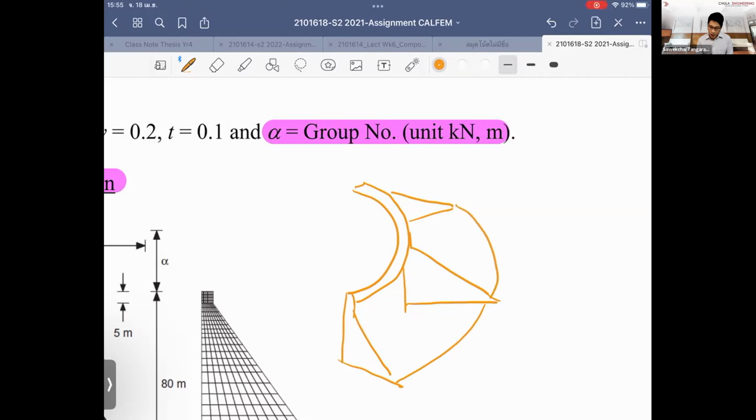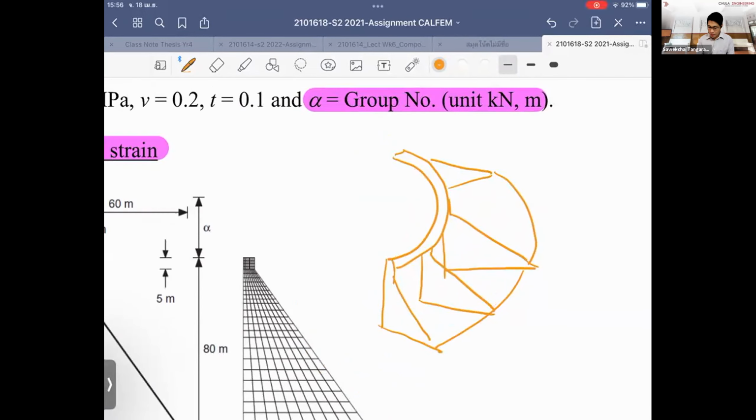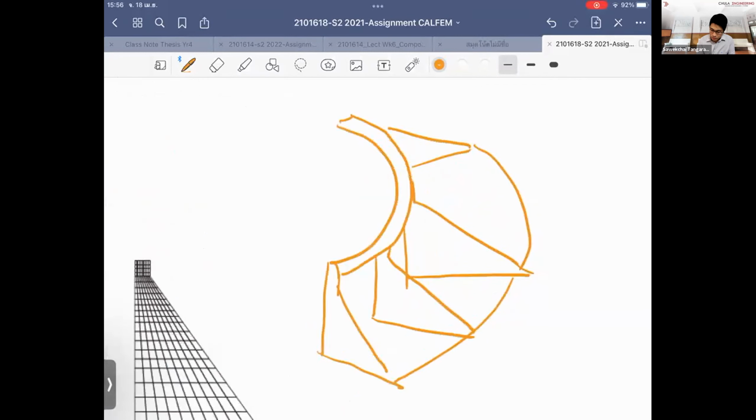Right. So you have, this is the concrete dam. So what I try to draw here, I try to draw each of the cuts so that we can have a slice of the dam. Right. So what has happened, we have, this is the concrete dam.